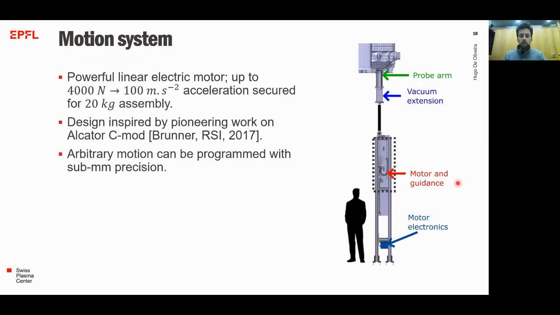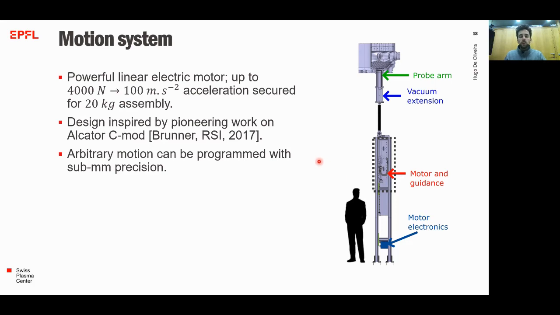The motion system is ensured by a powerful linear electric motor that's giving us 4,000 Newton. Given the fact that we have 20 kilograms of moving components, we can easily guarantee the 100 meters per second squared needed for the motion. That is about 10 G acceleration.